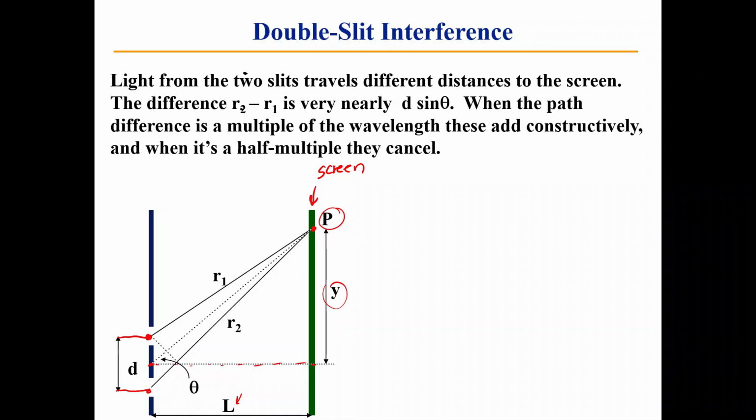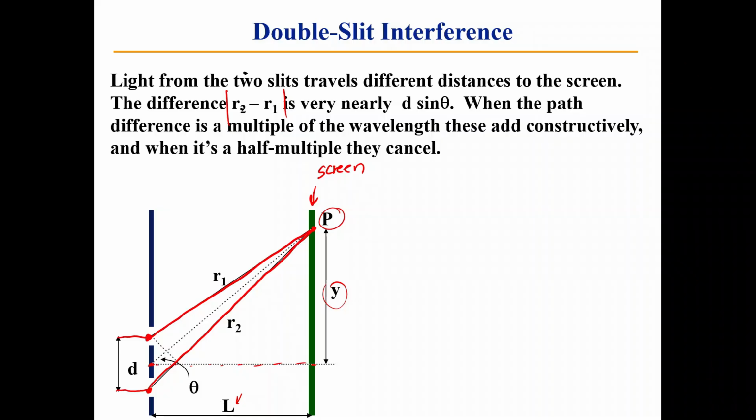It's based on the path difference. So coming off of this slit, we have R1, which has a particular distance. R2, we can see, actually has to travel a further distance to get to that point. Really, we treat this as an absolute value, so it doesn't matter where along the screen we're looking. It's just the difference in the path lengths.